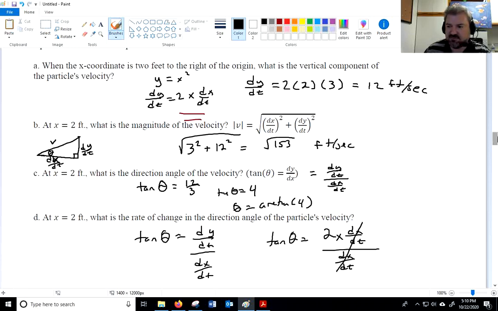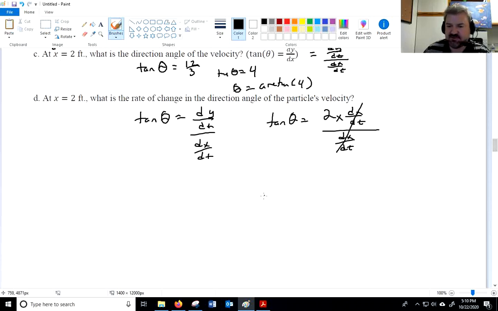So it turns out that the tangent of theta is simply equal to 2x, which gives me secant squared theta d theta/dt is equal to 2 dx/dt.